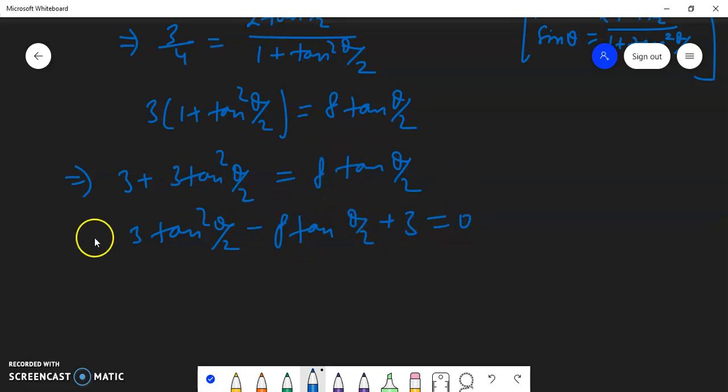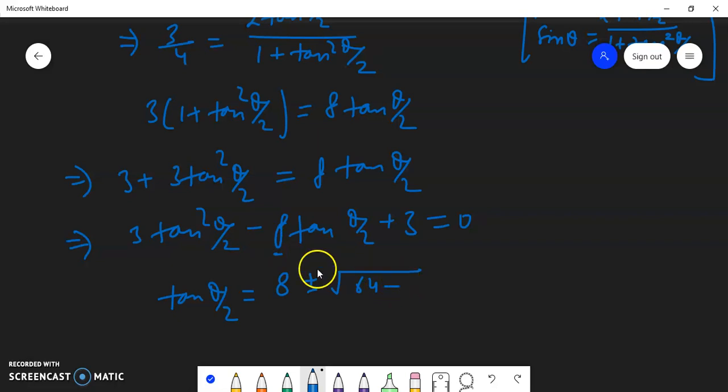You take the 8 tan theta by 2 to the left. Now it's a quadratic equation in tan theta by 2, so I will write tan theta by 2 is equal to minus b, b is minus 8, so plus 8, plus minus square root of b square, that is 64, square of minus 8, minus 4ac.